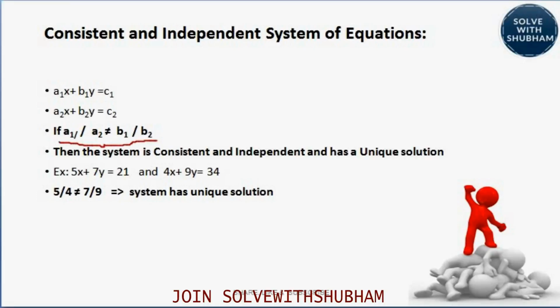In this case, the system is consistent and independent and it will have unique solution. For example, 5x plus 7y is 21, 4x plus 9y is 34, a1 by a2 is 5 by 4, b1 by b2 is 7 by 9, not equal, so system will have unique solution.